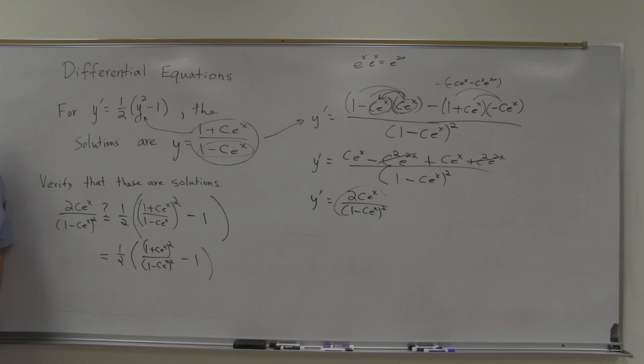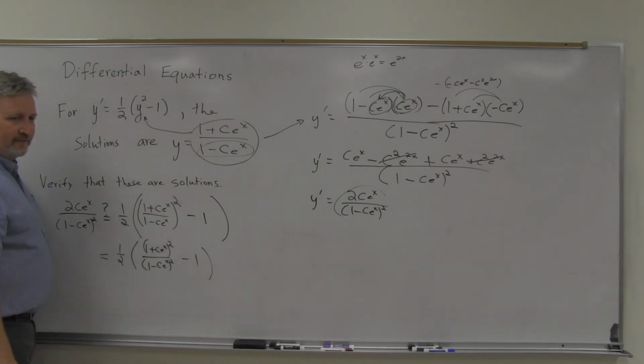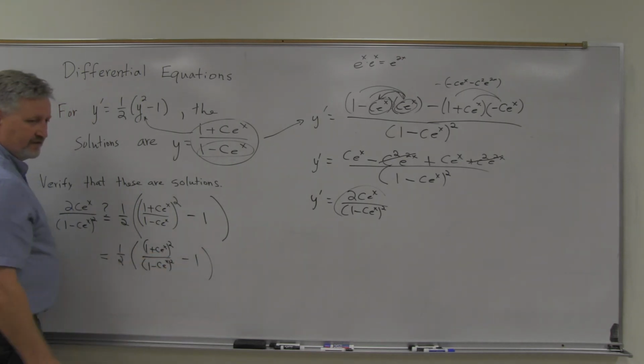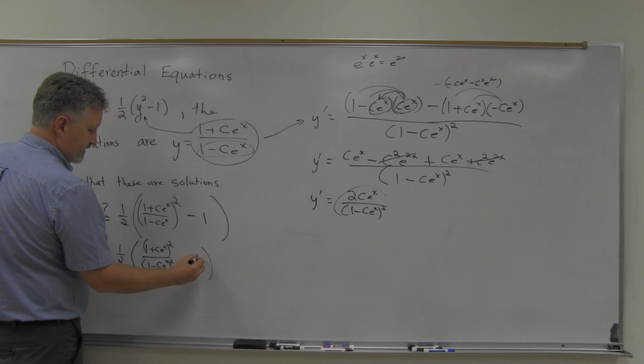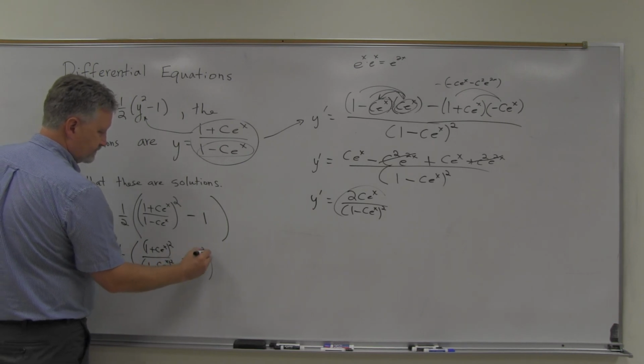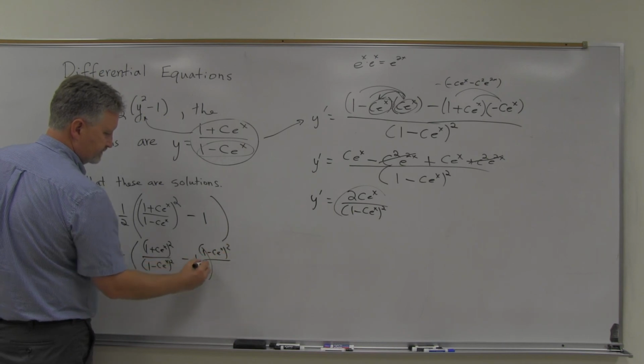I guess there are different ways of doing it. One way to do it is just go ahead and combine these into one fraction, get a common denominator. Of course, it would just be multiply this by 1 minus c e to the x squared, top and bottom.